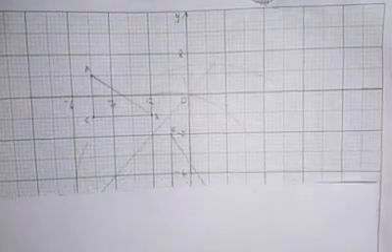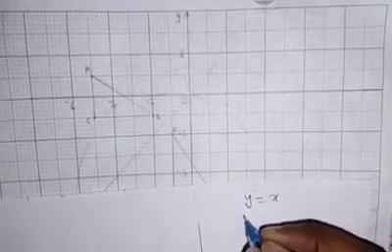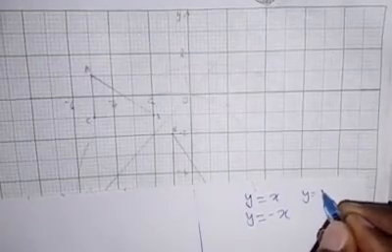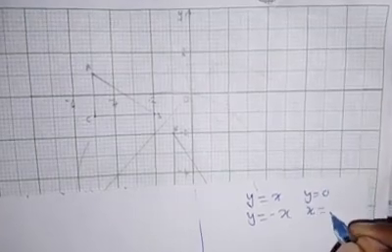So before I can do that, you may have y is equal to x, and you may also have y is equal to negative x. Then you may also have y is equal to 0, or x is equal to 0.